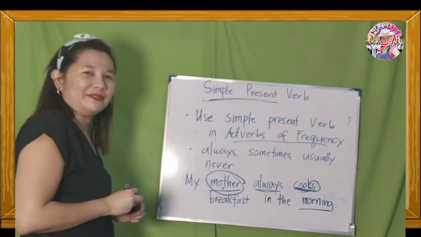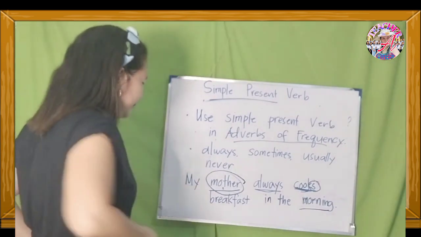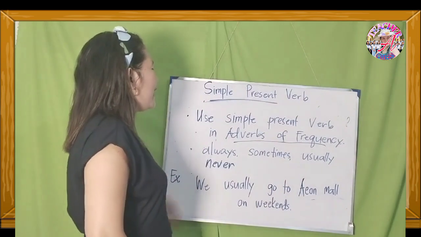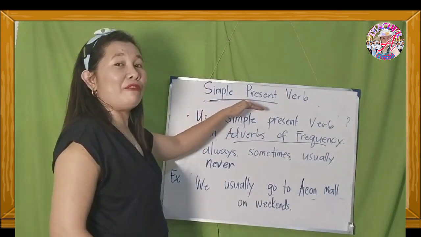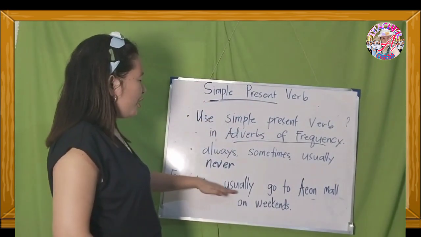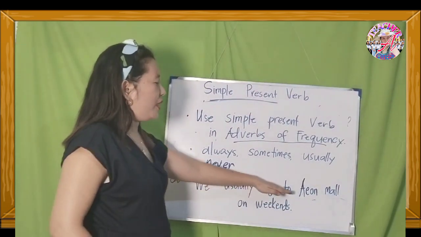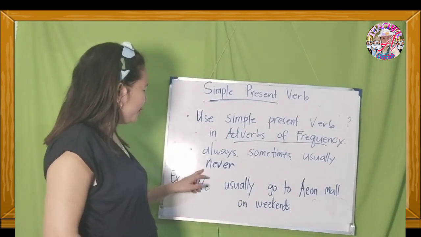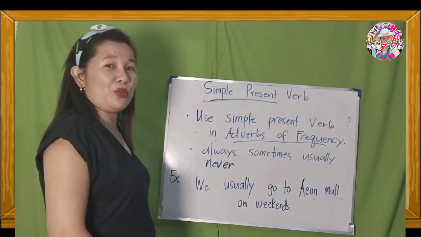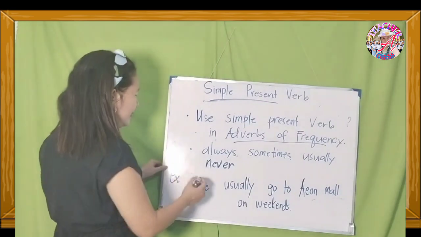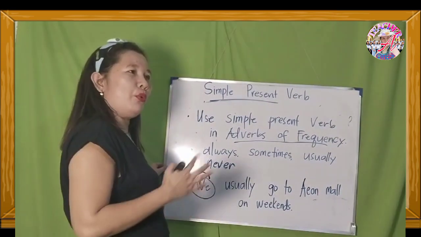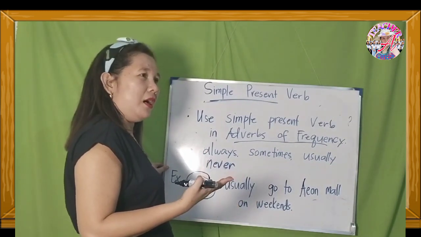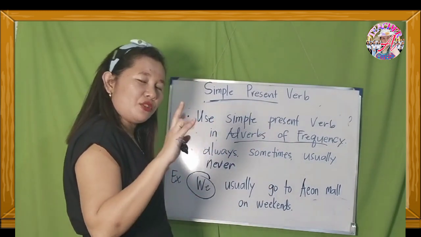Last example when using adverbs of frequency in simple present verb. We usually go to Aeon Mall on weekends. Take note, the subject in the sentence is we. When we say we, it means many. It does not matter how many, as long as it is two or more.